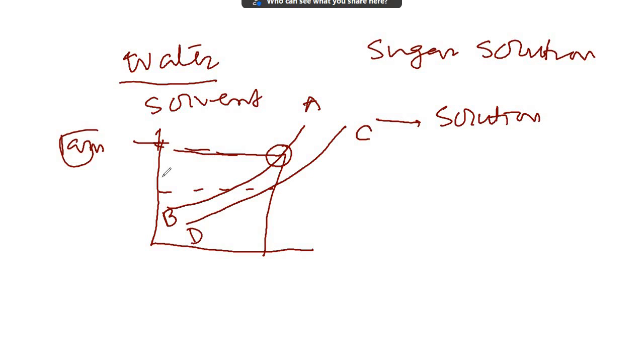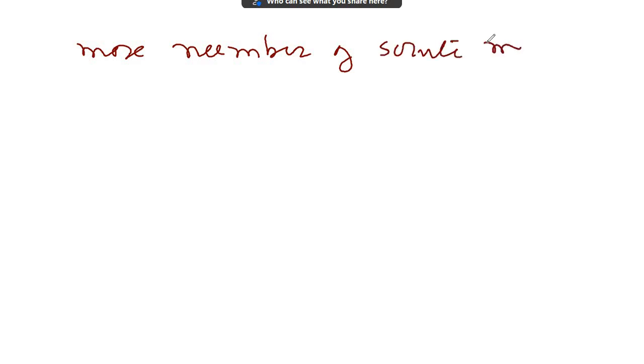So when some non-volatile solute is dissolved in a solvent, the vapor pressure of the solution is lowered. Now, as it is a colligative property, the more solute particles, solute molecules, the less will be the vapor pressure.